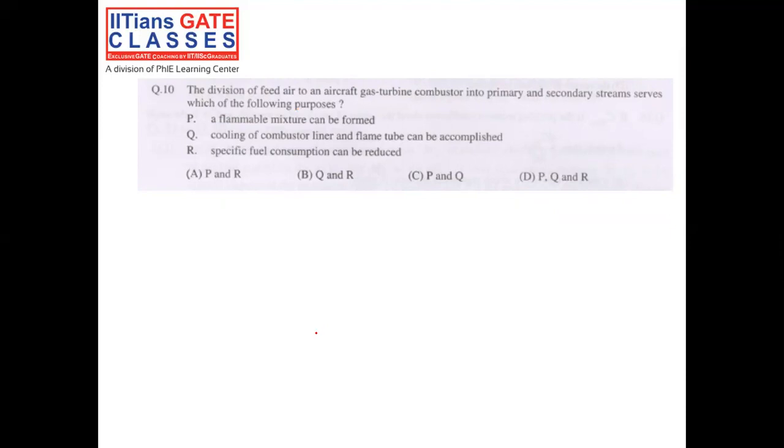So the division of feed air into an aircraft gas turbine engine, that is primary and secondary streams, is basically done to achieve the following reasons.